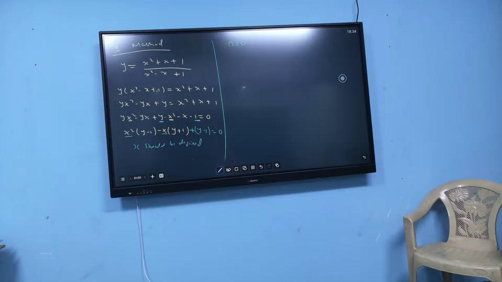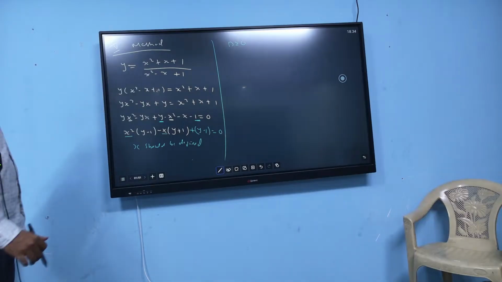Over. Done. Okay. Now x will be defined if d is greater than or equal to 0.